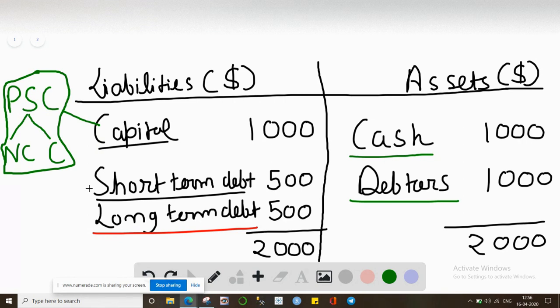And suppose short-term debt, what type of matters can we have? The short-term debt may be going to be restructured because, although the entity has sufficient cash to pay out both of the loans in one go, the entity is still likely to restructure the short-term debt. And what is the meaning of restructure?